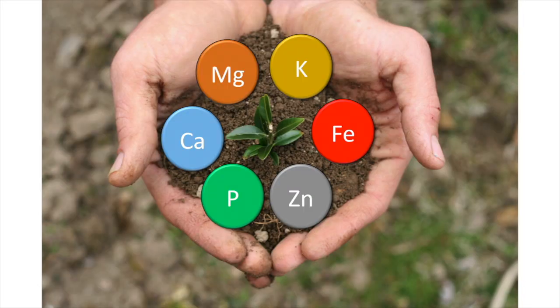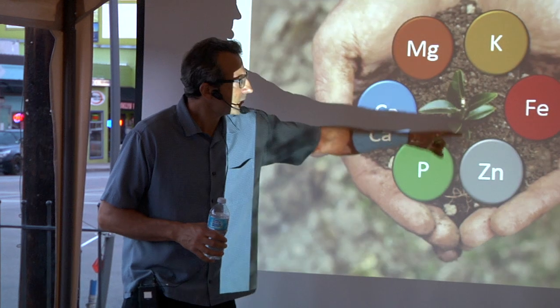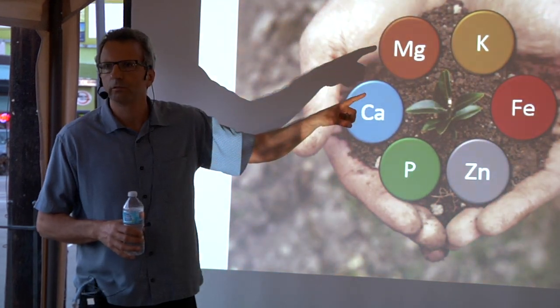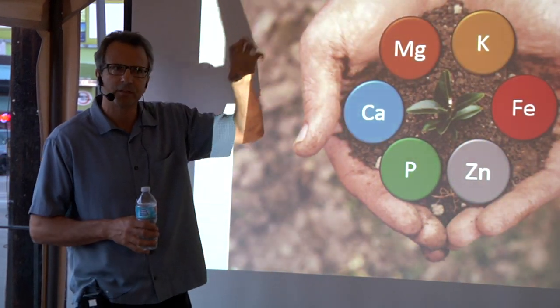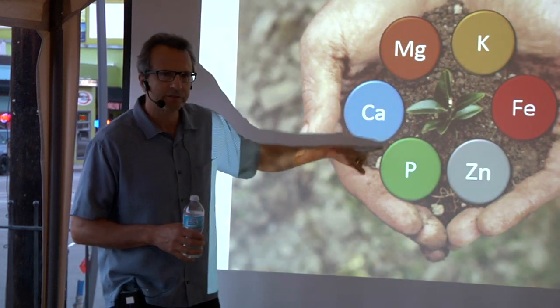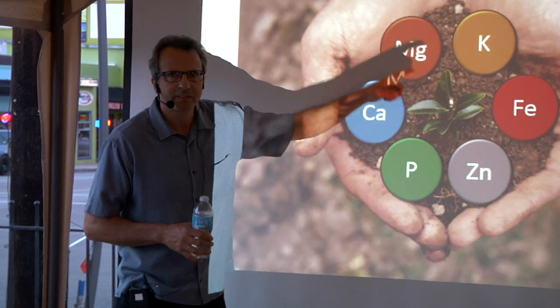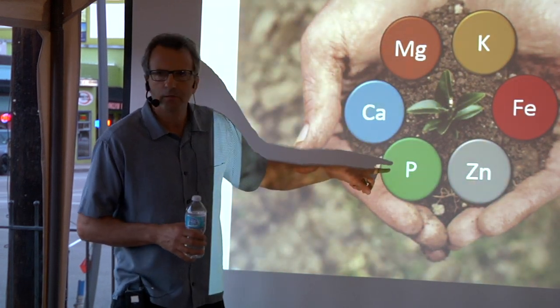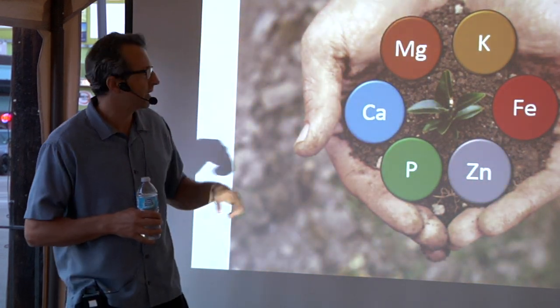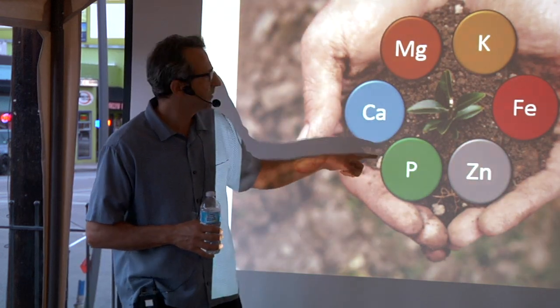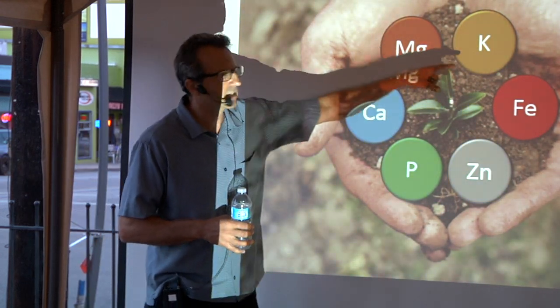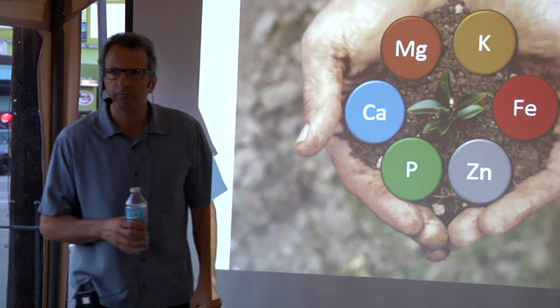But in addition to the sources of gases like CO2 and the source of water from the subsurface environment, the weathering of rock is a critical component. So it's not just atmospheric sources that allow ecosystems to grow, but it's also the weathering of rock and the production of soil, because it's from these constituents and these components that we all get, all living organisms, including plants, humans, get mineral nutrients like calcium, magnesium, potassium, iron, zinc, and phosphorus.